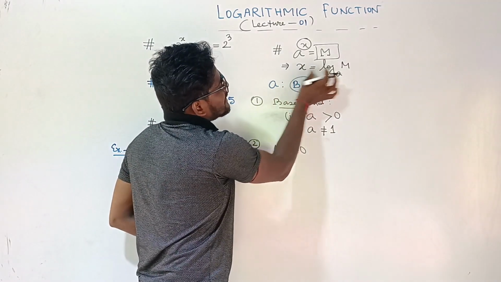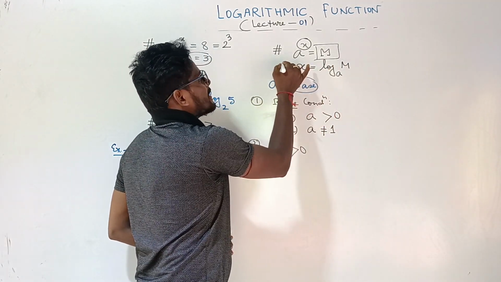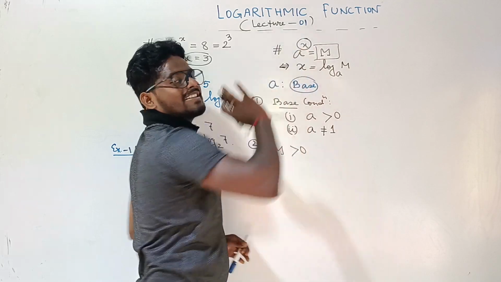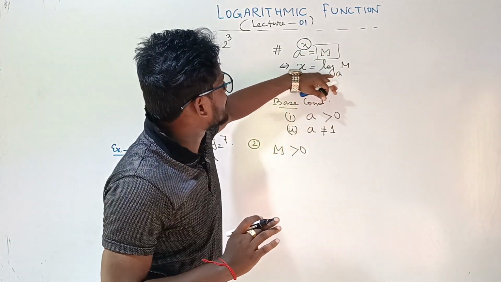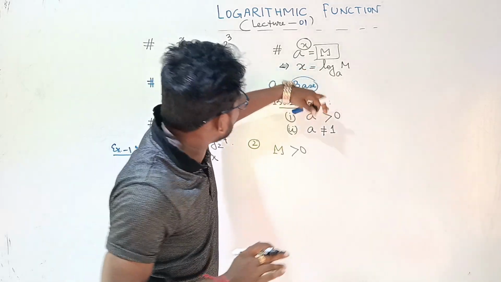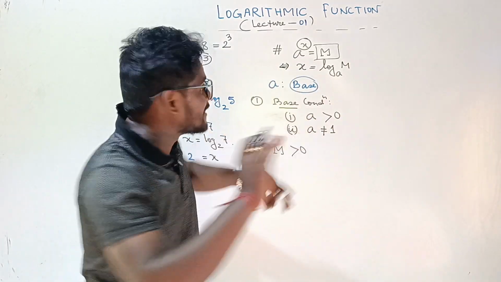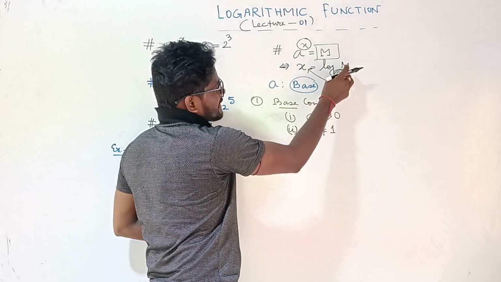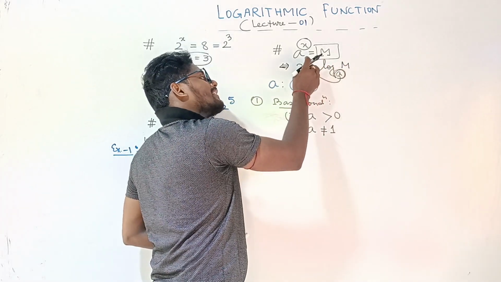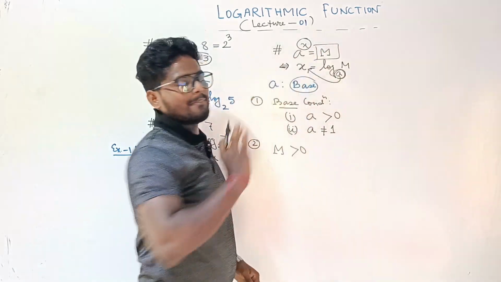If a to the power x is equal to m, then we can write x is equal to log m to the base a. If x is equal to this, then base to the power x, a to the power x, is equal to m.